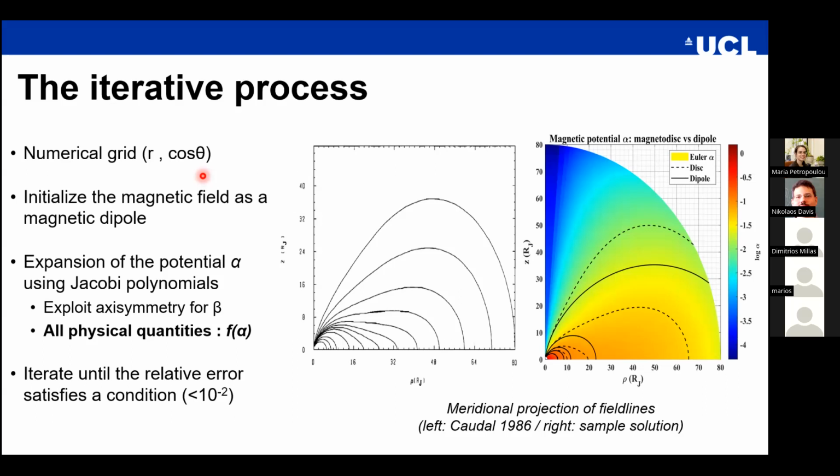So one of the two Euler potentials, this potential beta, can be thrown away because it's just a constant if you go around the planet in the phi direction. And this is really helpful because everything can be expressed through the other magnetic potential alpha. So the magnetic field, plasma density, pressure, temperature, everything is a function of alpha.